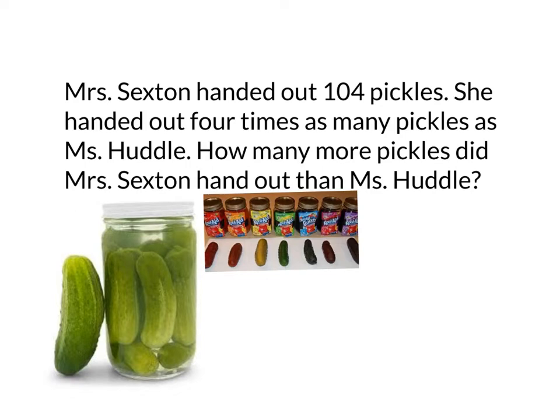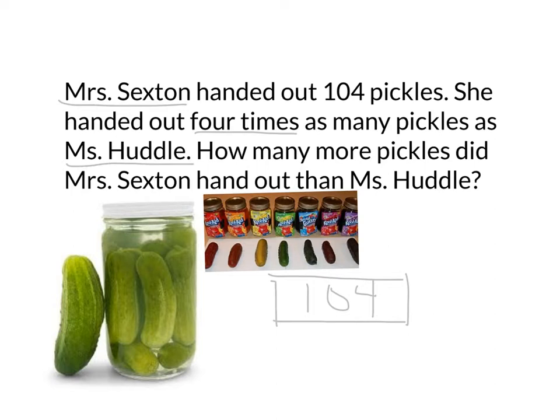All right, well, we need to find out if Miss Sexton or Miss Huddle handed out more pickles. Okay, so what I know for a fact is that Miss Sexton's bar model, okay, we know that she handed out 104 pickles. Wow. No wonder I'm so tired. That's right. You were handing out pickles all day. But you handed out 4 times as many as I did.